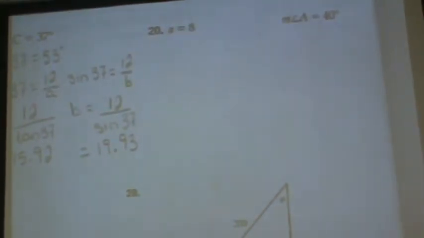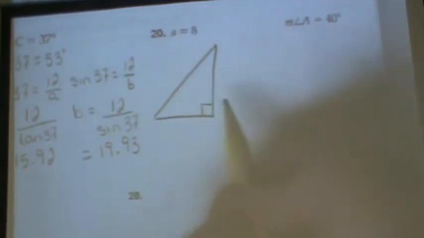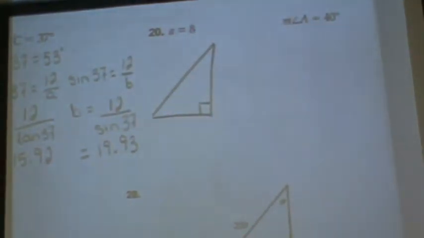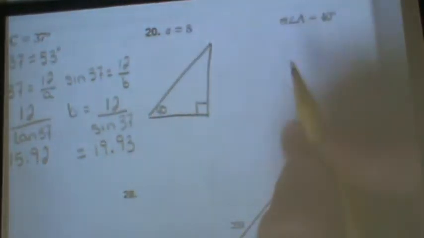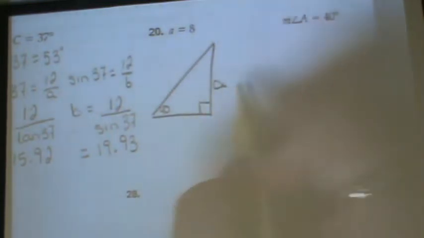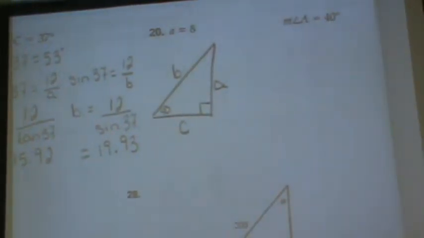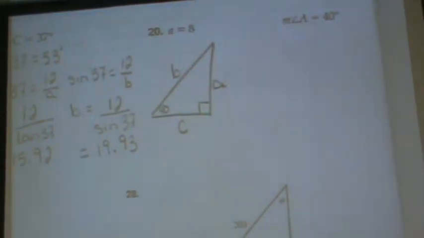Problem 20 is the same thing. So you're going to want to draw the triangle. And you're given a 40-degree angle. So that's angle A. So this is side A. And then again, you can label B and C. So again, we need to find our third angle.